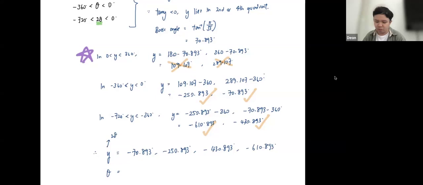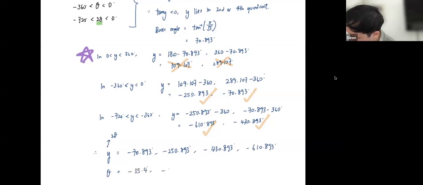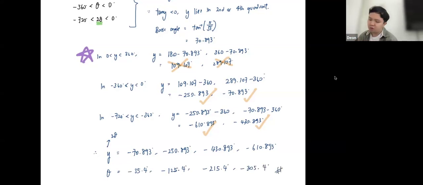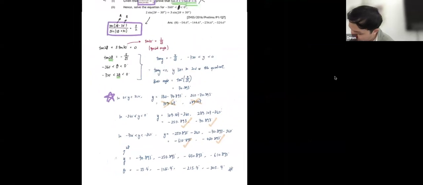So just divide by 2. Okay, 35.4. Okay, a pretty long question.